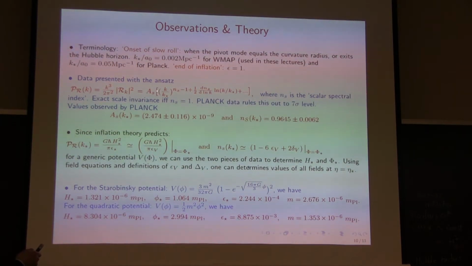Let's just look at here. So the statement is that if n_S was equal to 1, so we are in de Sitter, then of course this factor would not be there, and this amplitude would be just constant. So in de Sitter space, the power spectrum would not depend on k at all. It will be just A_S and it is constant. And that is why it is scale invariant. It doesn't depend on k at all in de Sitter space.